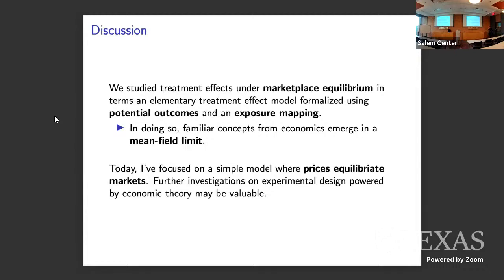And then when you push to a large sample limit, you find a mean field limit. This helps us understand what the direct and indirect effects are. We talked about how to estimate confidence intervals for them. And then once you have these estimates, you can do a little bit of optimization. So that's one thing.